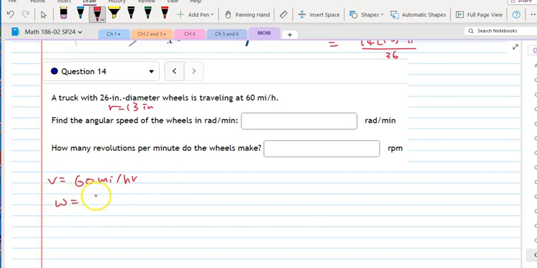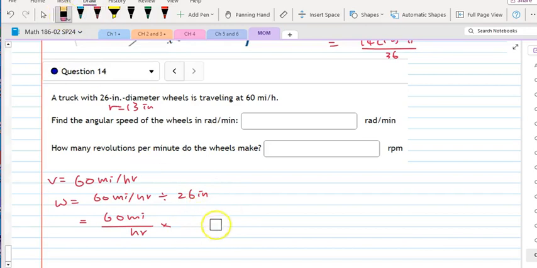So omega would be 60 miles per hour divided by R, which is 26 inches. But we can't divide because they are totally different. So I'm going to do over hour times 1 over 26 inches. Oh, okay, so we have to convert.